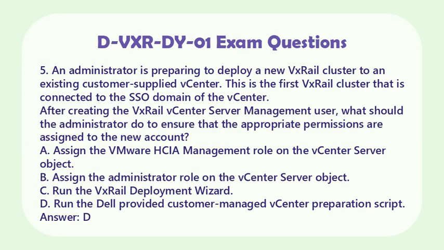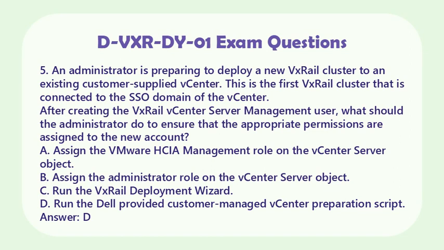5. An administrator is preparing to deploy a new VxRail cluster to an existing customer-supplied vCenter. This is the first VxRail cluster that is connected to the SSO domain of the vCenter. After creating the VxRail vCenter Server Management User, what should the administrator do to ensure that the appropriate permissions are assigned to the new account?